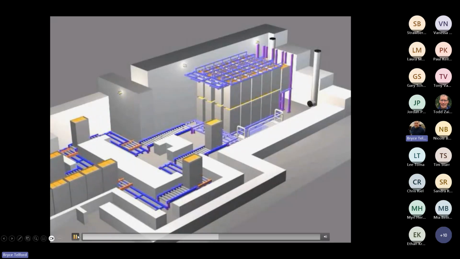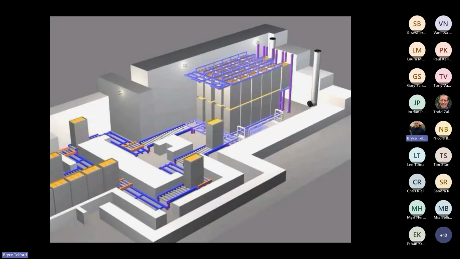Basically, in the middle here, we have that source rack that we saw on the previous slide, where we have a panel of cobalt-60 that is giving off radiation. And then we're surrounding that radiation with our various carriers.